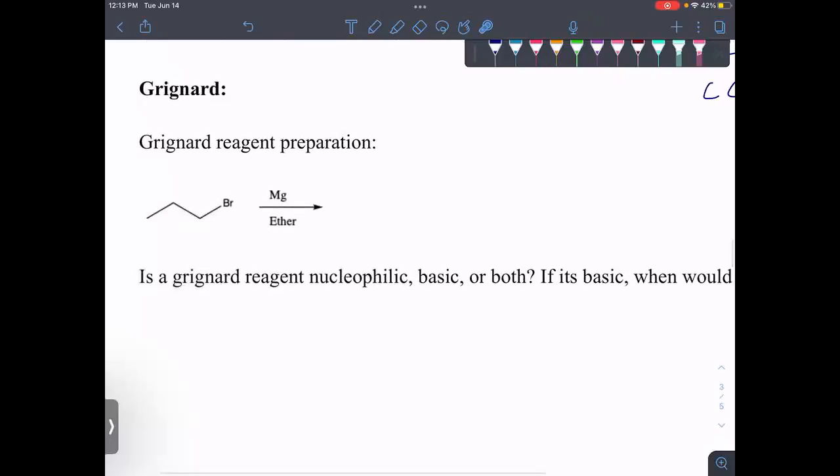Whenever you see an alkyl bromide or an alkyl halide, like Br, Cl, whatever, and Mg over ether is what happens. The Mg is going to insert itself in between the carbon and bromine. It literally just sticks itself between them. So you're just turning the Br into an MgBr, basically. That's all.